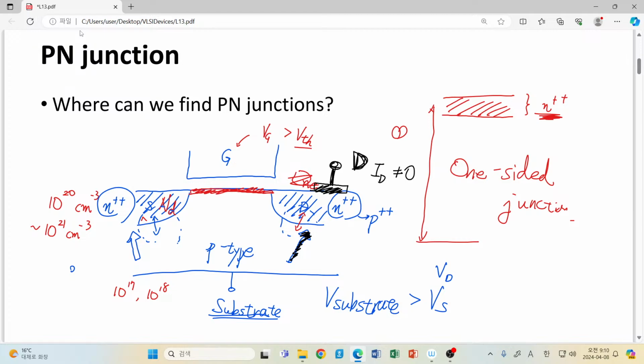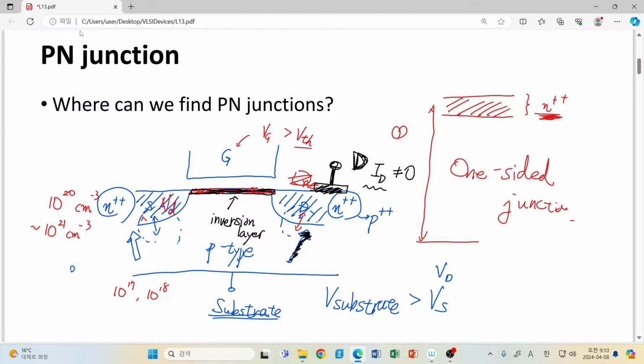This is really an undesirable phenomenon. We don't want any current conduction except for this conducting path, the current flowing through our inversion layer. This is the only desirable conduction path inside our MOSFET.